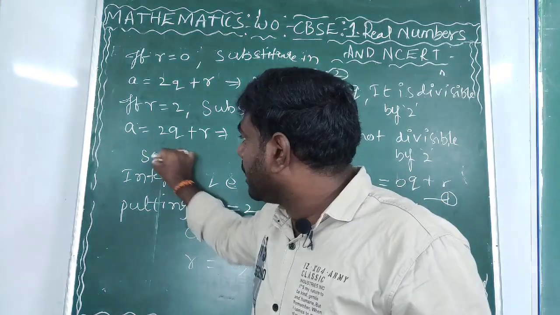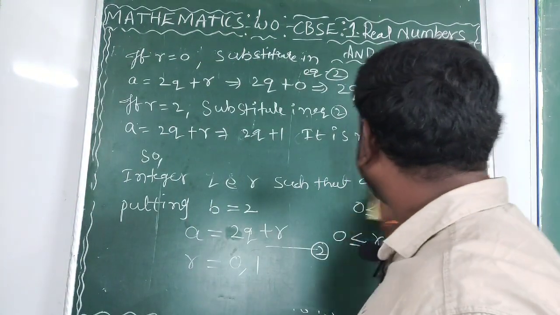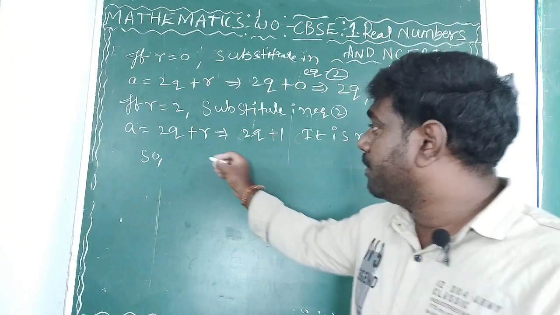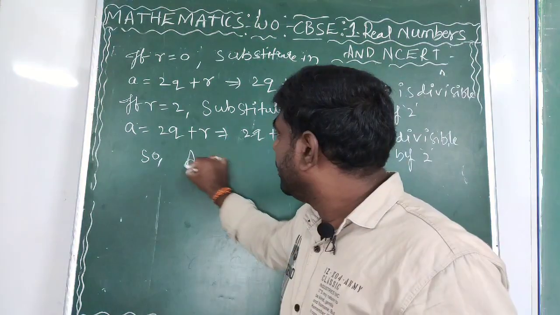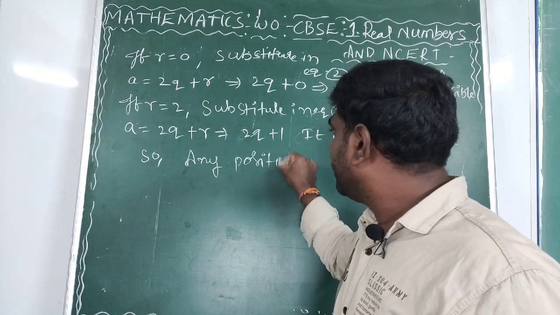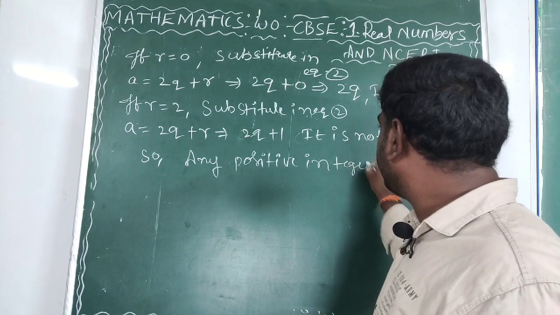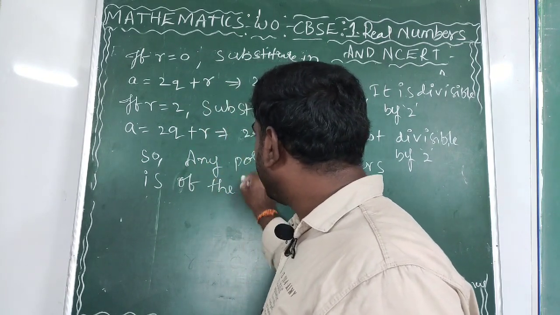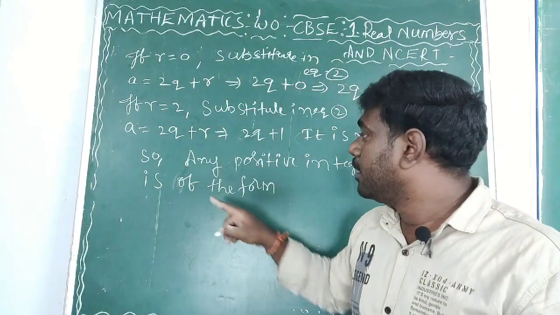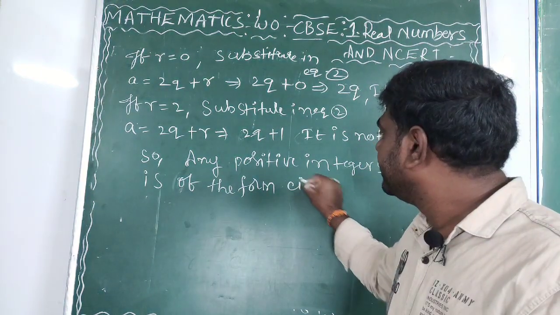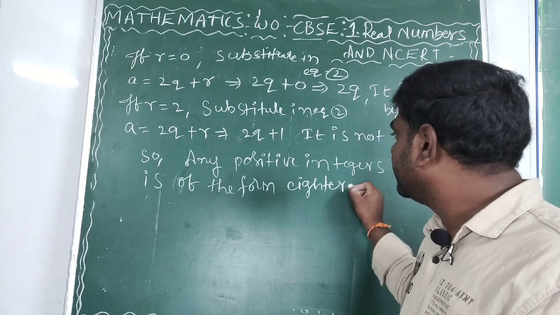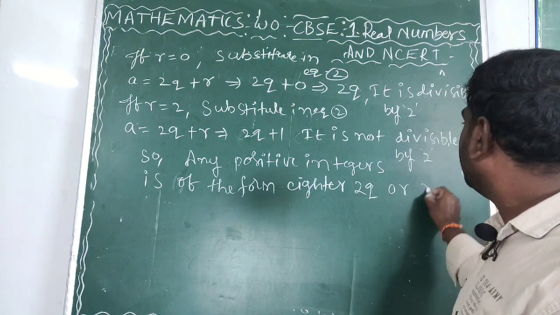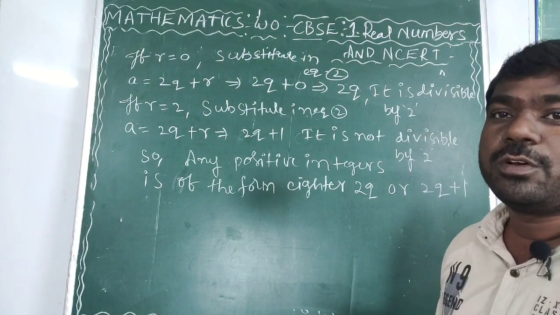So finally, what do we confirm here? Any positive integer is of the form either 2q or 2q plus 1.